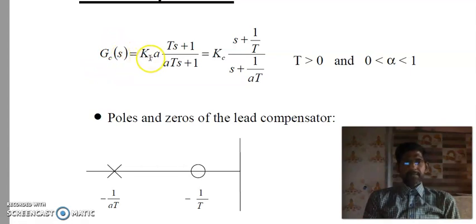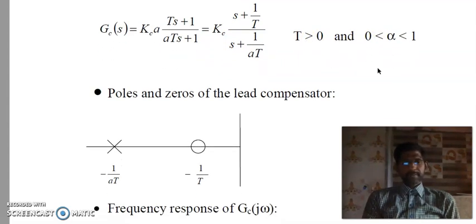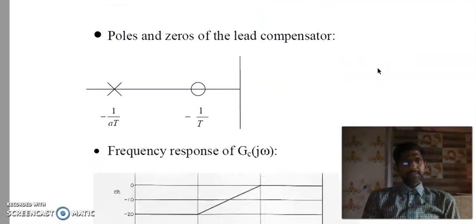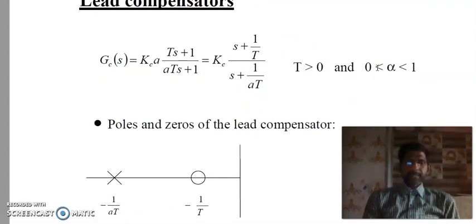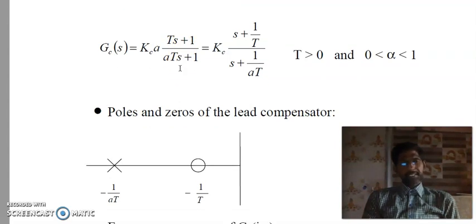GC of S equal to Kc alpha into (TS plus 1) divided by (alpha TS plus 1), where T is greater than 0 and alpha lies between 0 and 1. The frequency response of GC of S: the zero is present at minus 1 by T, and a pole is present at minus 1 by alpha T.